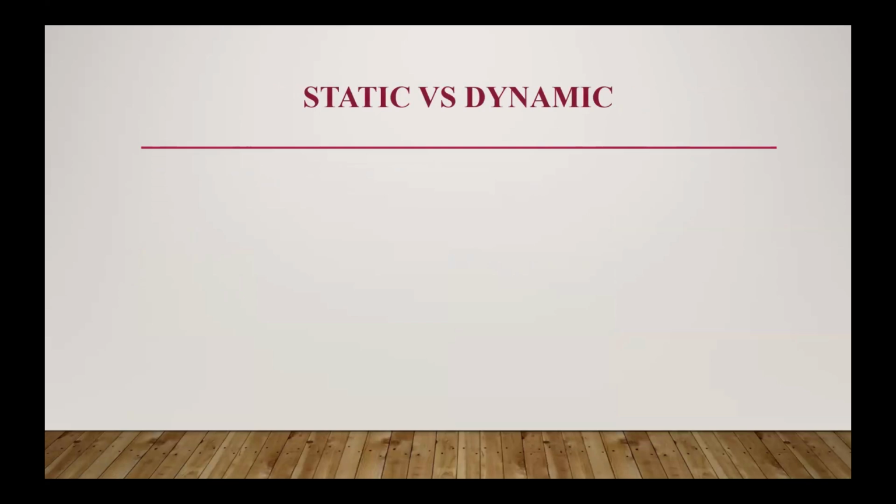Then, static environment or dynamic environment. If the environment is not changing during the agent's operation, then it is called static. It means that whenever the agent is acting, the environment is not changing. So the agent does not have to bother about the previous state because it simply has to focus on the action.